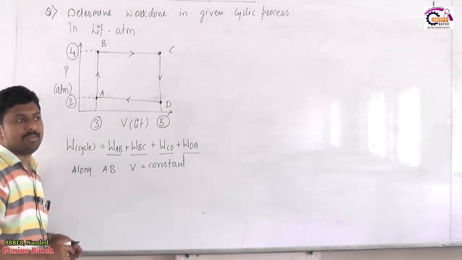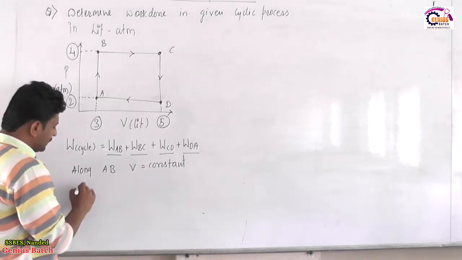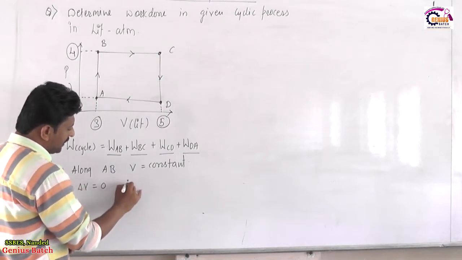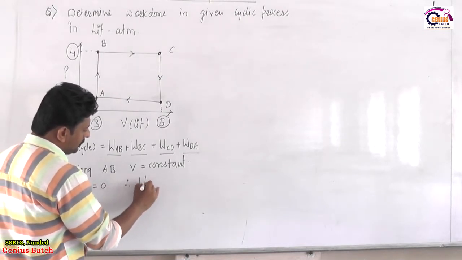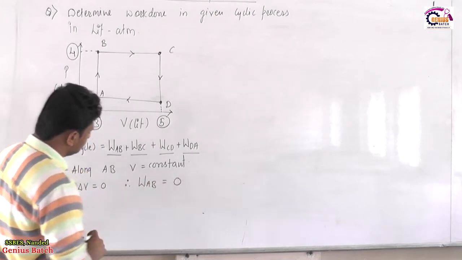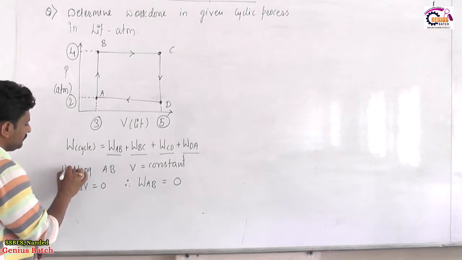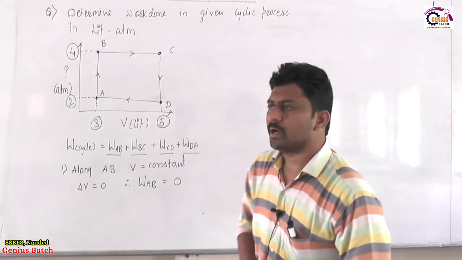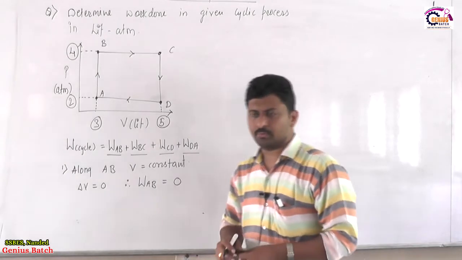Now because volume is constant, change in volume is 0 and therefore work along AB is equal to 0. That is the first step in the cyclic process, work along AB, and that is 0.